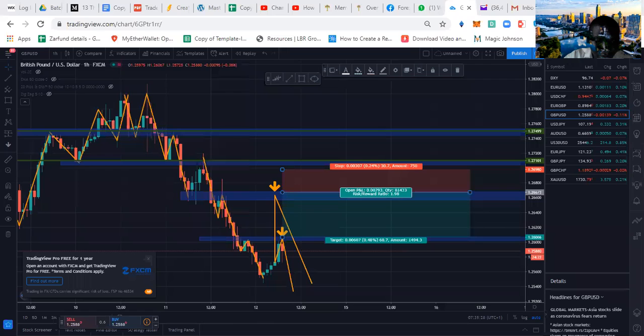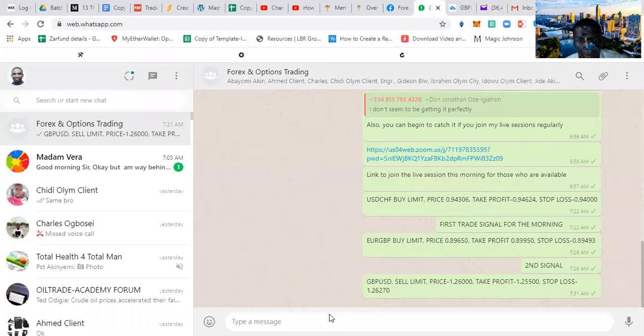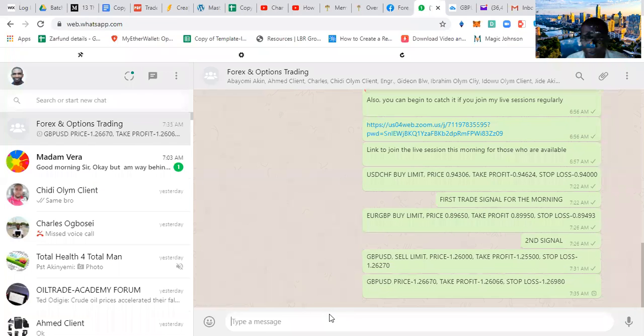Then stop loss is 1.26980. So that's the second signal for GBP USD.